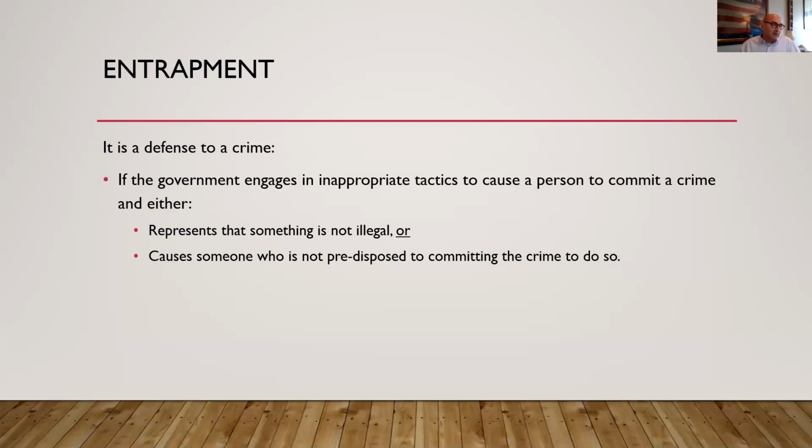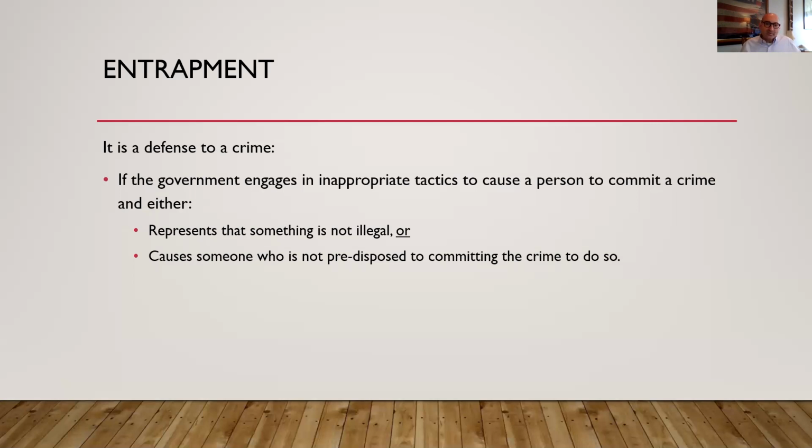And that's a defense to this crime. That second prong we talk about in class as being one that's either objectively or subjectively defined. What exactly does that mean? If we define it objectively, we're asking whether this tactic would have worked on someone who was predisposed. If we ask it subjectively, we say, was this particular defendant predisposed to commit the crime?